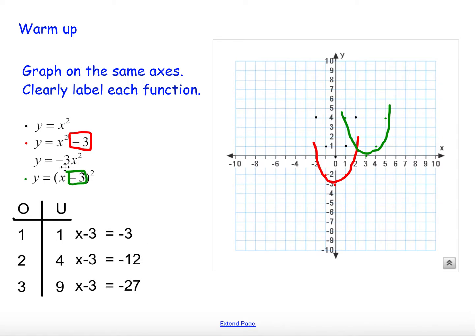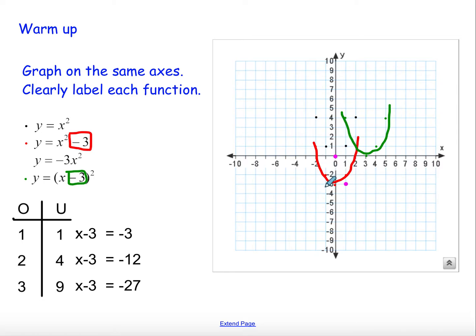Our last one here, if you look at it, had -3, so I multiplied all the up values by -3. Now, these aren't going to clearly fit onto our chart, but that doesn't mean that we can't still use them. So we got 0, 0. Over 1, down 3.